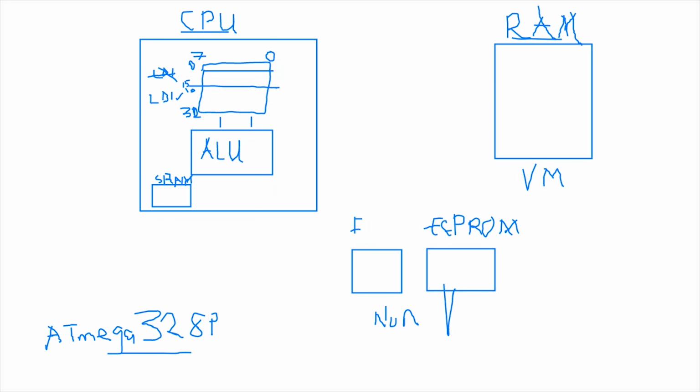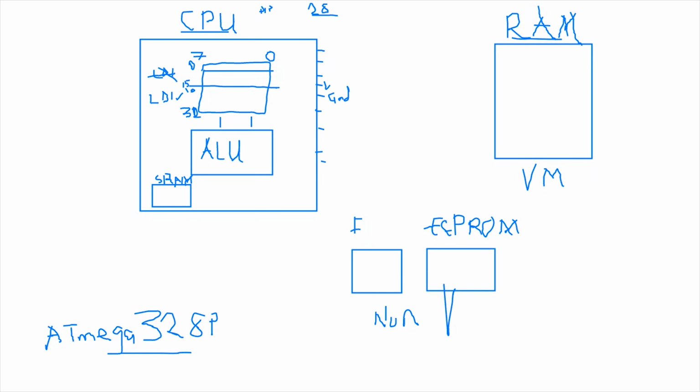Now, if we consider this as our microchip with the package, let's call this the DIP package, you do have pins coming out of the chip, right? The ATmega328P is a 28 pin DIP package, which means some of these pins will be your voltage and some of these pins will be your ground.